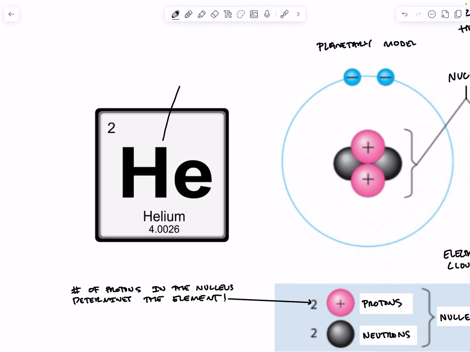It's made up of a couple different parts. Here we have the symbol for helium. Here in the upper left-hand corner is the atomic number. The atomic number is the number of protons in the element.